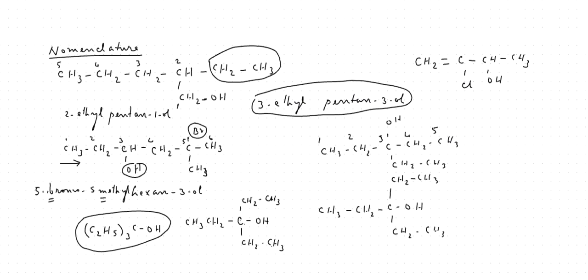So it is 1, 2, 3, 4. So 3 functional groups are there. Chlorine is also there and the double bond is also there. While numbering, you have to choose which has to be given the most preference. You need not organize all the 3 functional groups in the preferential order. Which is to be given the most importance?